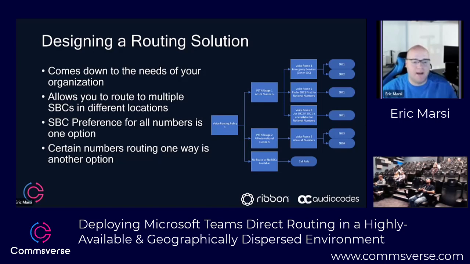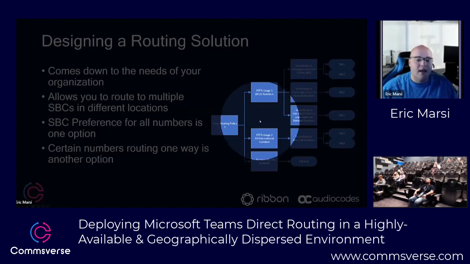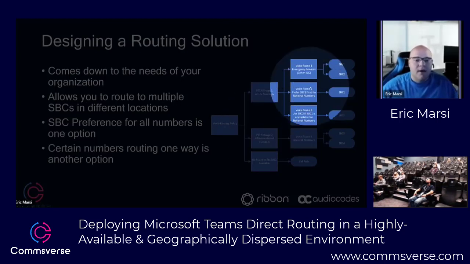So here in the diagram on the right, we have an organization with voice routing policy 1. This voice routing policy has 2 PSTN usages: US numbers and international numbers.